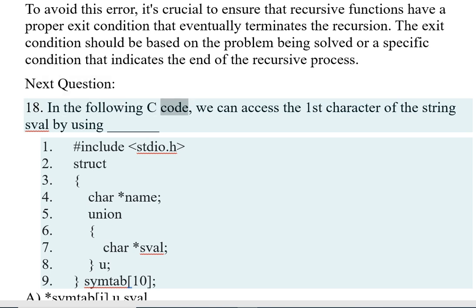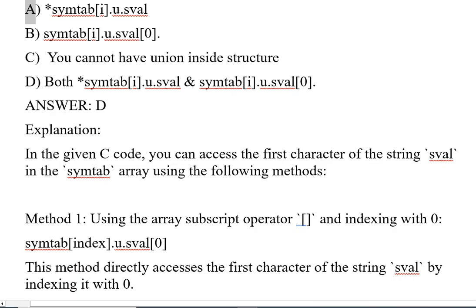18. In the following C code, we can access the first character of the string sval by using ______. #include <stdio.h> struct { char *name; union { char *sval; } u; } simtab[10]; A. *simtab[i].u.sval. B. simtab[i].u.sval[0].